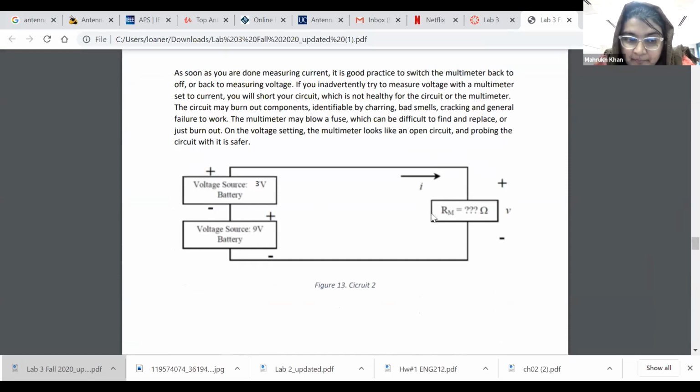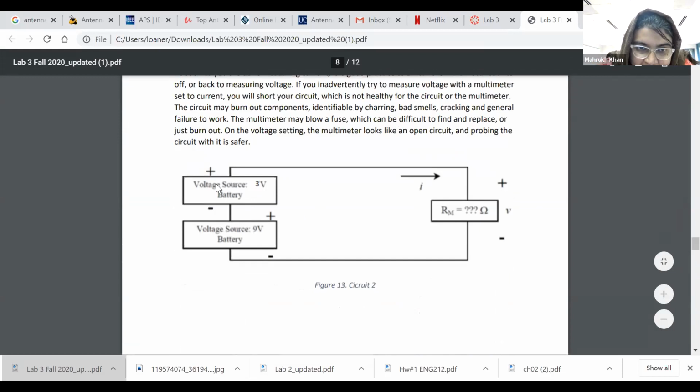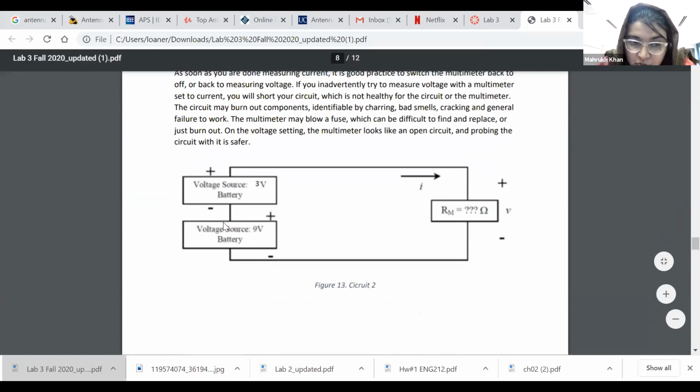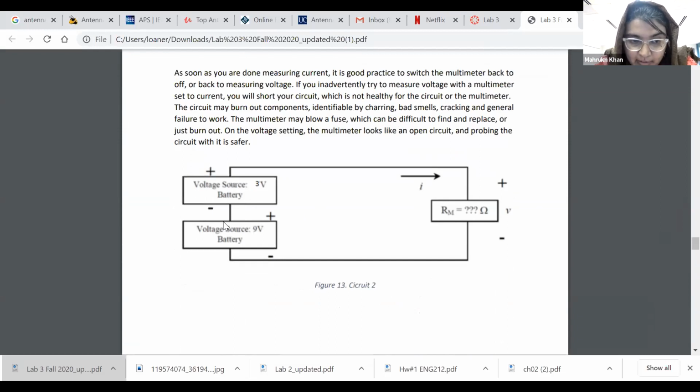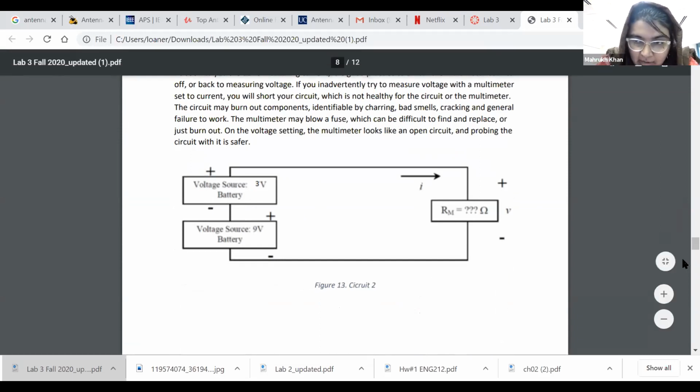When you connect 2 batteries in series, this 3-volt battery in my case, the negative side should be connected to the positive of the 9 volts. You should be very, very careful about that. And then the negative line should go to the resistor. That's exactly what I'm doing here.